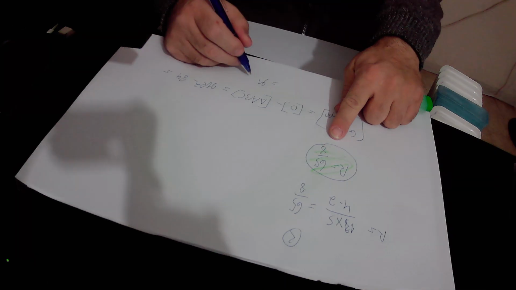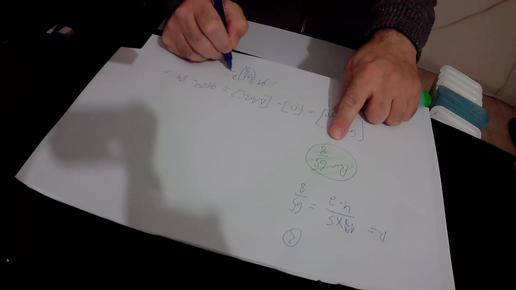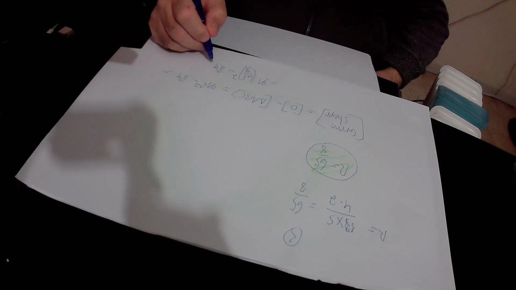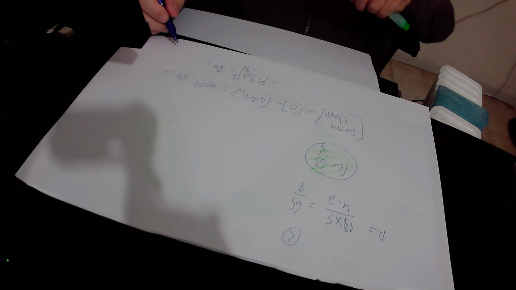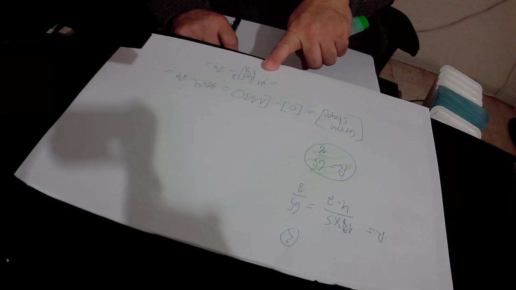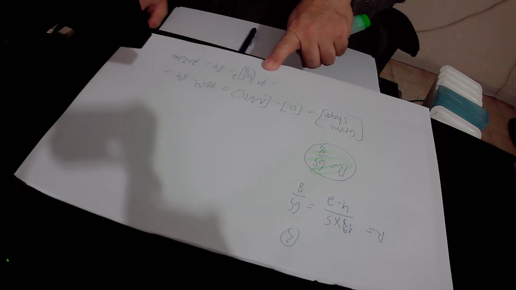R is 65 over 8, therefore r square is 65 over 8 square, minus the area of triangle ABC, 84 square units. So this expression, pi times 65 over 8 square minus 84, in total is equal to 207.394 square units.